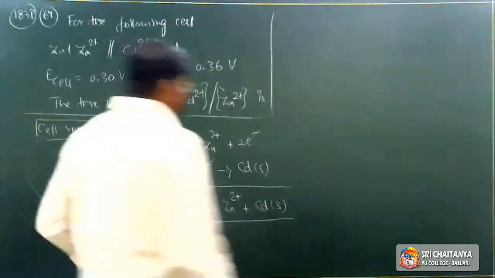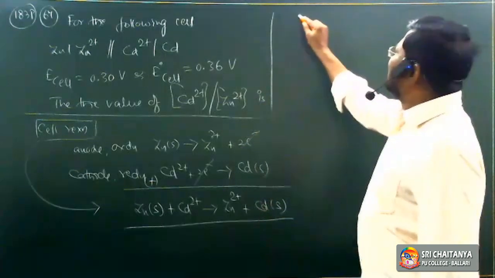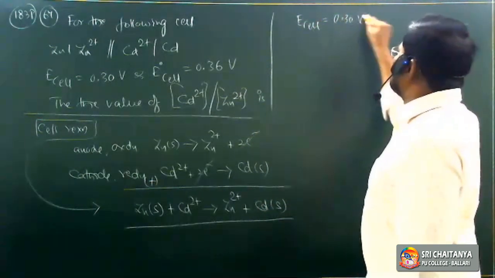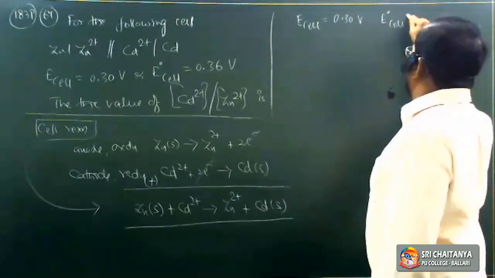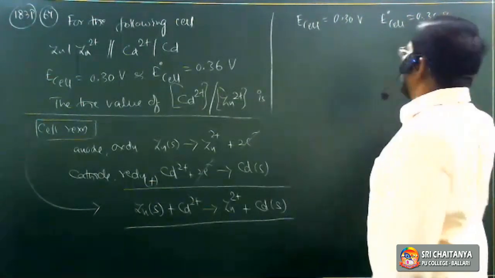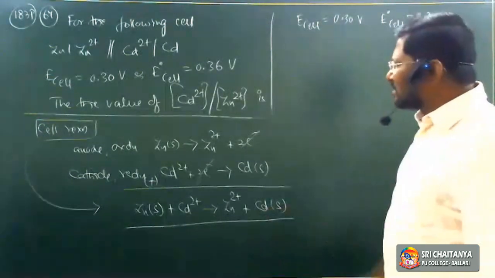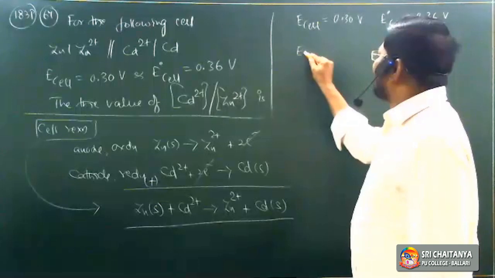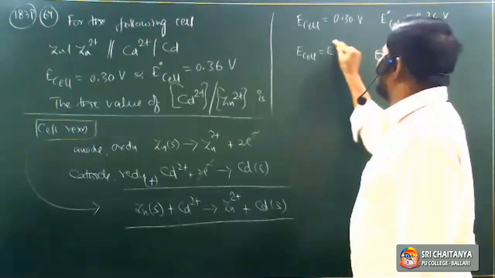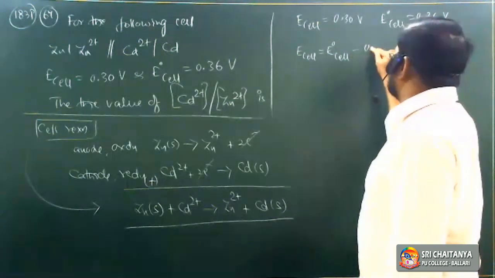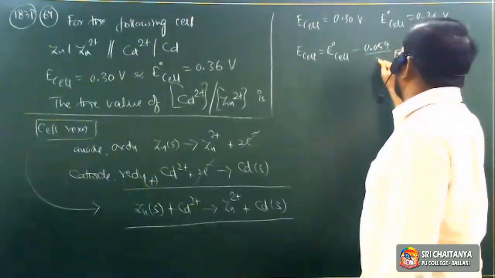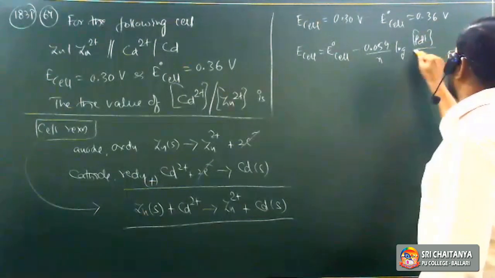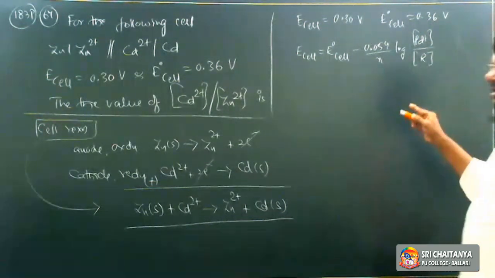Already E cell is given, 0.30 volts, and E naught cell is 0.36 volts. Now the Nernst equation: how do you write it? E cell is equal to E naught cell minus 0.059 by n log of product concentrations divided by reactant concentrations.